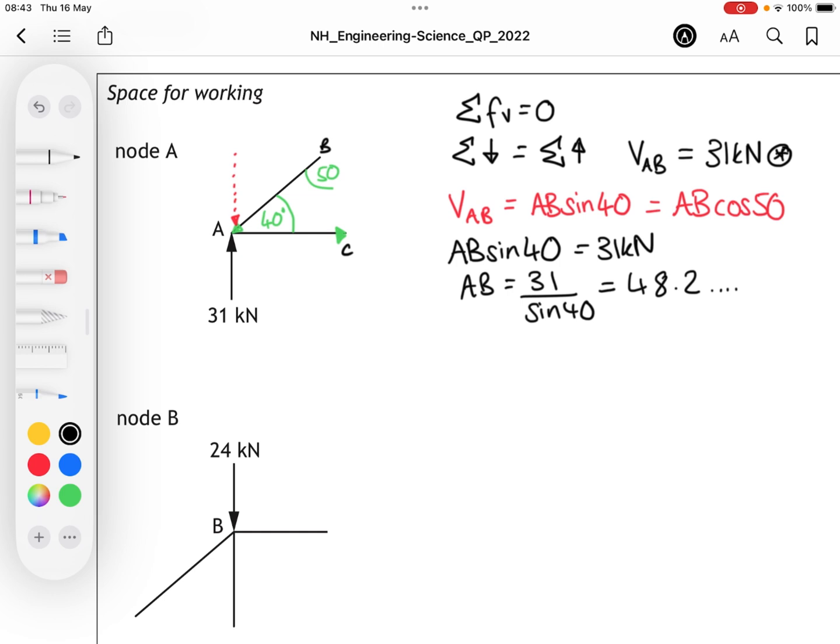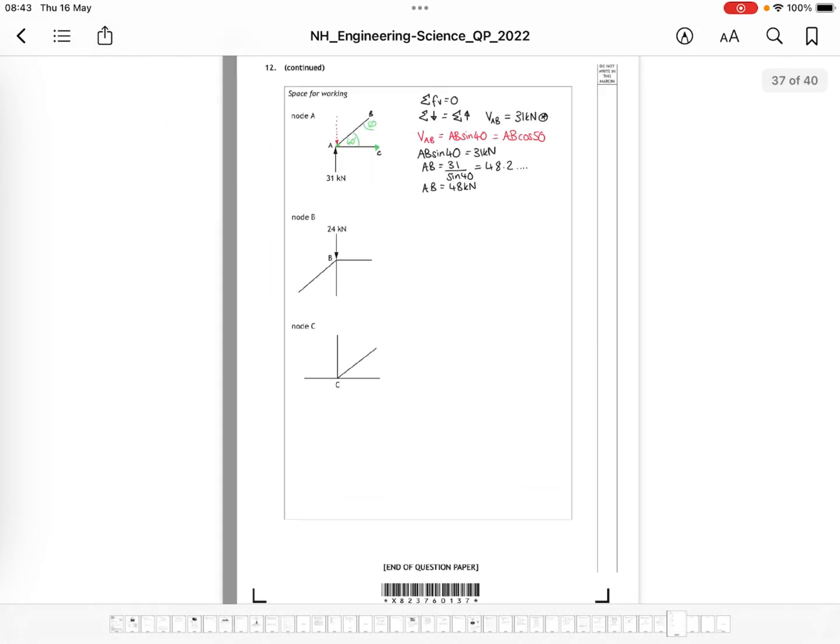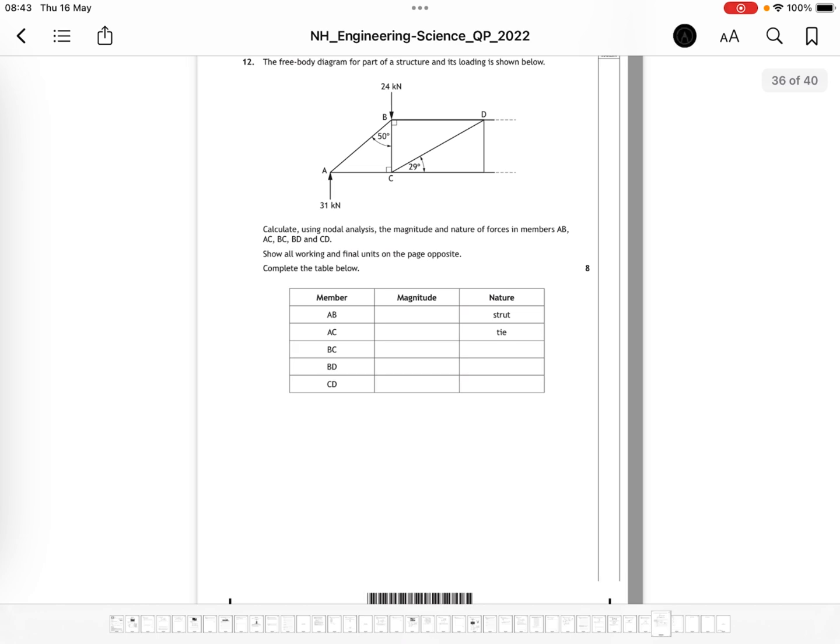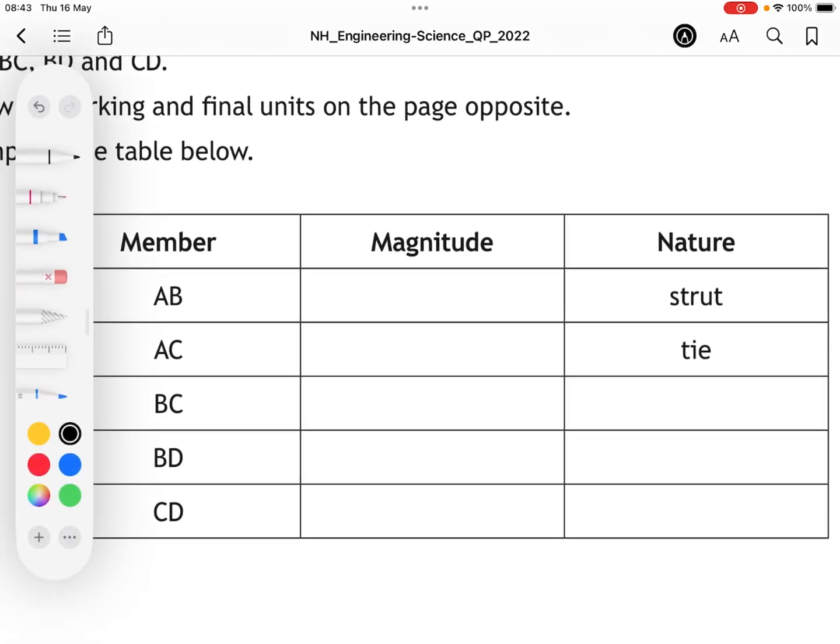So I'll round that, say that AB is equal to 48 kilonewtons. Now at this point I like to go back and put that into the table just to make sure that I'm doing it. So AB then is 48 kilonewtons.